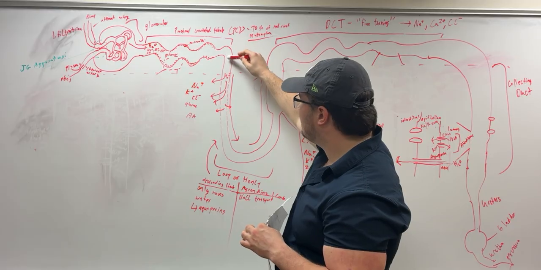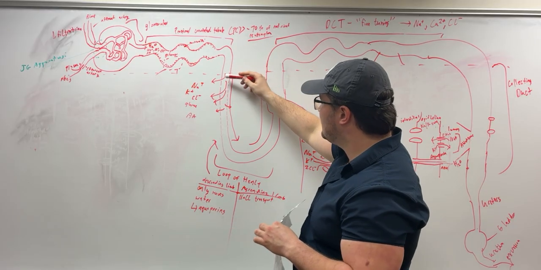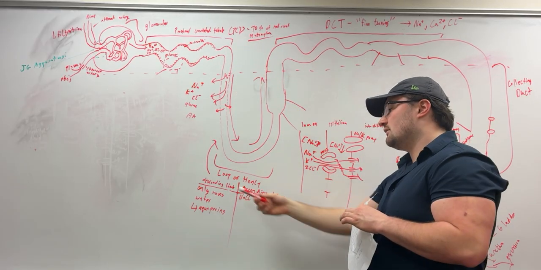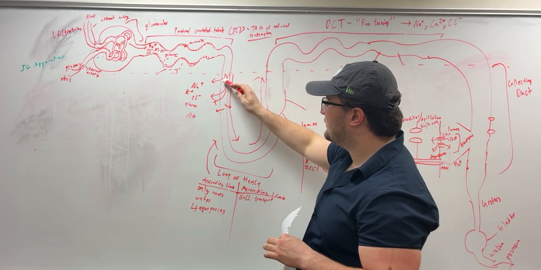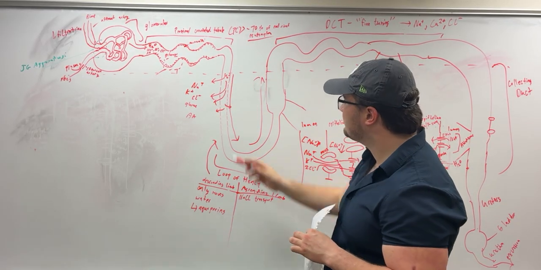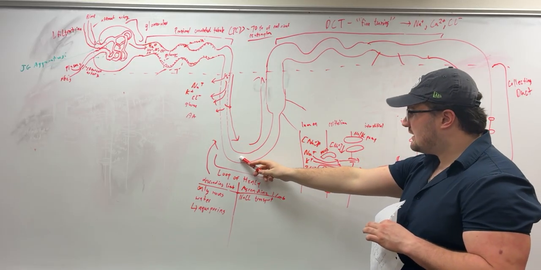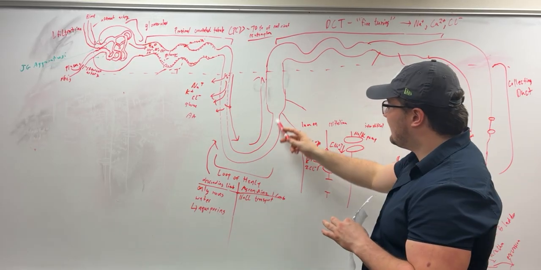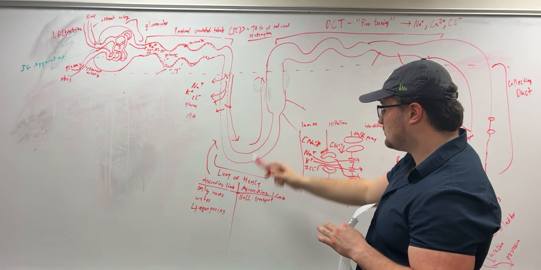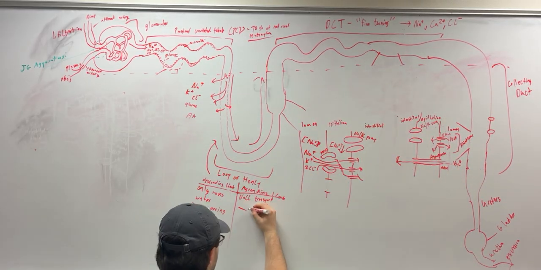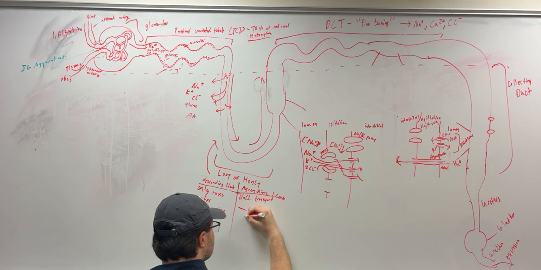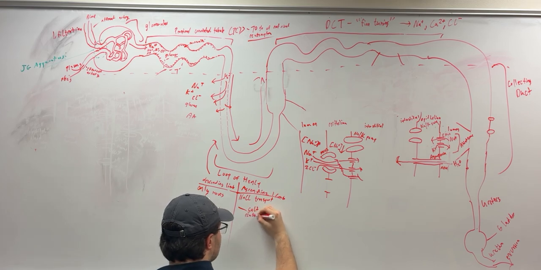And then the filtrate, or the preurine, is going to go down into the descending limb of the loop of Henle, and in this descending limb, water is going to be able to flow out through aquaporins. So then it's going to go into the ascending loop of Henle, which is where salt reabsorption is happening. Let's write that down. Salt reabsorption.